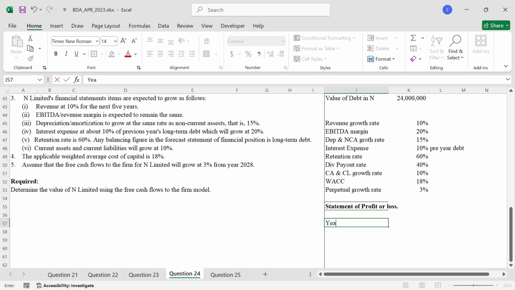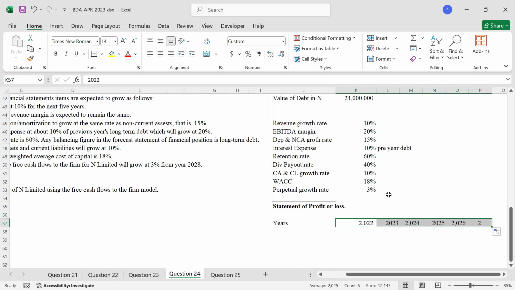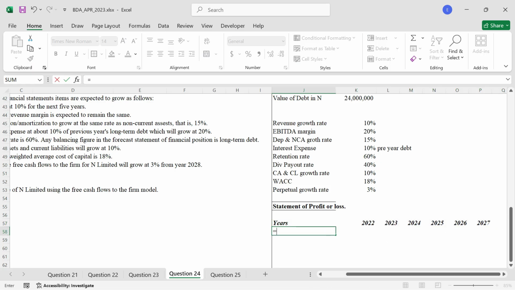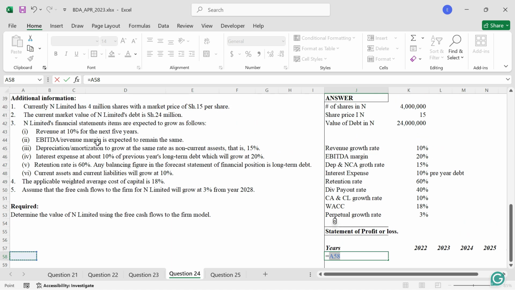First, I'll have my years from 2022 to 2027, being 5 years beyond 2022. Then I'll pick my values as provided by the examiner.